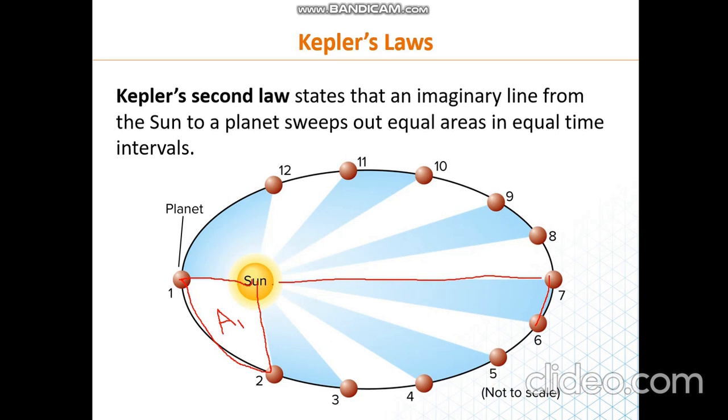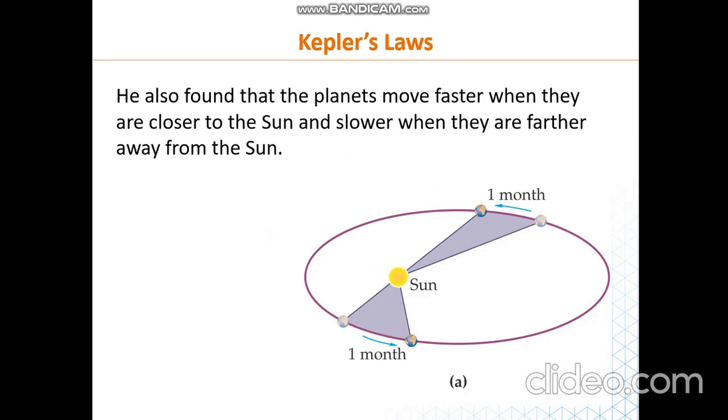Since both areas are swept in the same time interval, which is 1 month, we can directly say that A1 and A2 are equivalent. Here is another sketch. So the area swept in the same time interval is all the time equal. This area A1 is equivalent to this area A2.